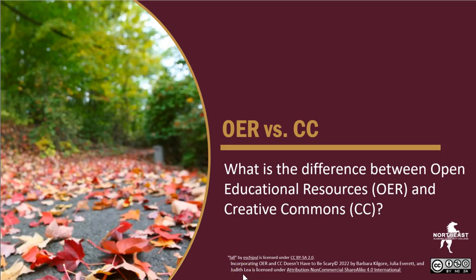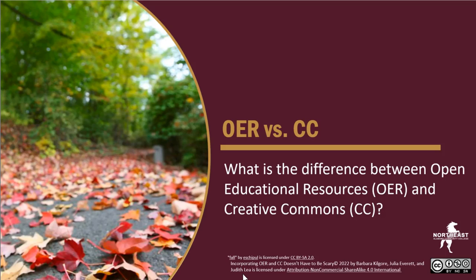So the main difference in open educational resources and Creative Commons is that open educational resources are materials that are created by educators to share at low or no cost for educational purposes. Examples of these might include textbooks, slide presentations, and quizzes.